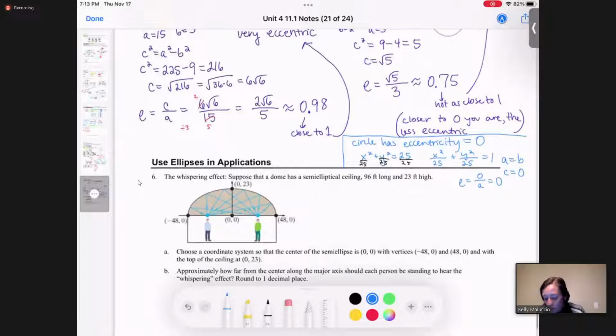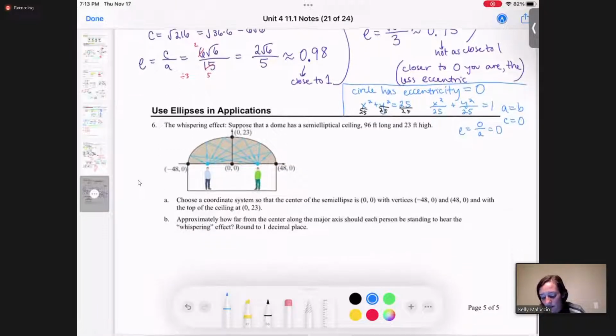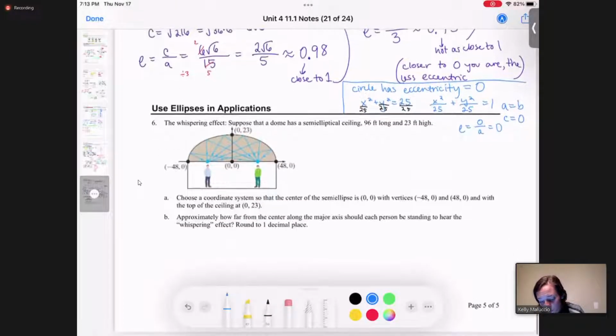Now, here's one application, maybe a motivation. The whispering effect, it makes you feel weird. But suppose a dome has a semi-elliptical ceiling. There are probably so many places you could think of that are like this. They give us dimensions: 96 feet long, 23 feet high.